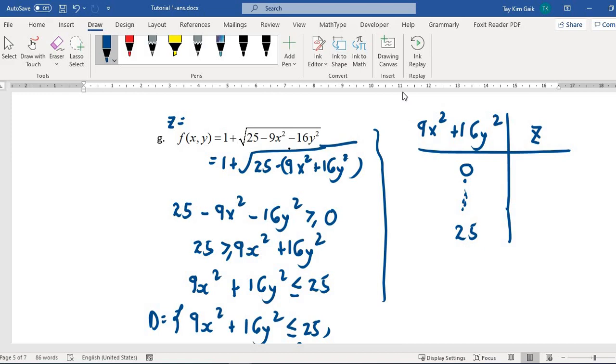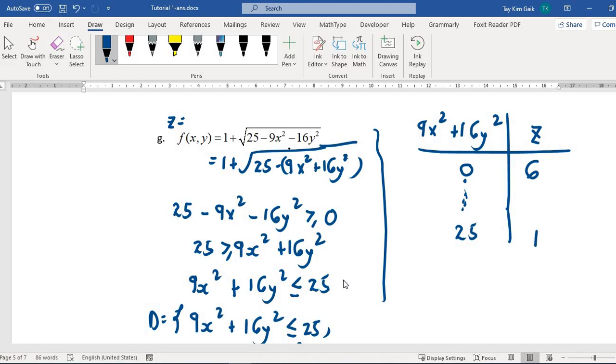So plug in 9x squared plus 16y squared equal to 0. You have 1 plus the square root of 25 minus 0. The answer is 6. Okay, plug in. Or you want to plug in this one, 25. So 25 minus 25 is 0. So the answer is 1.